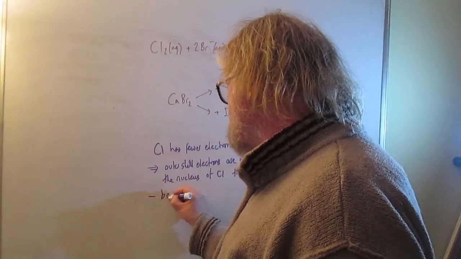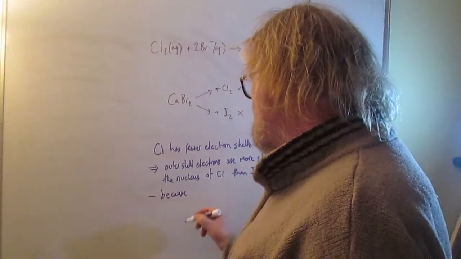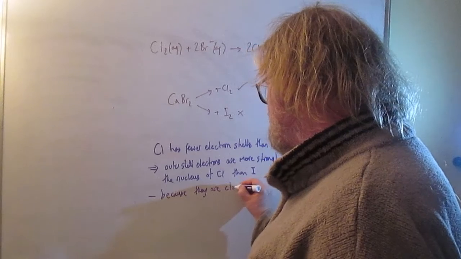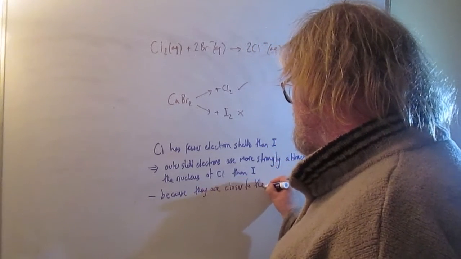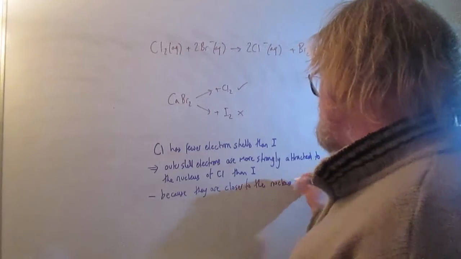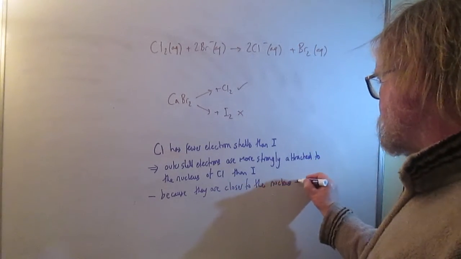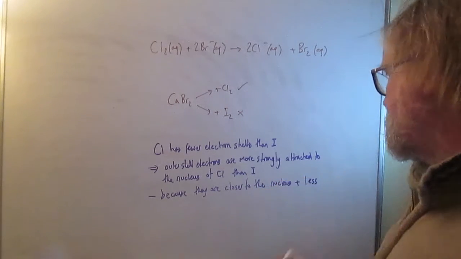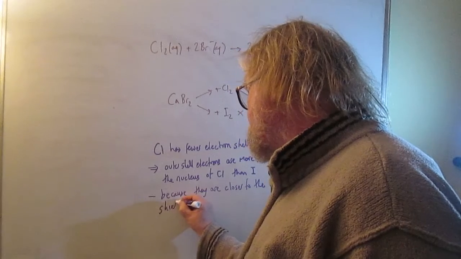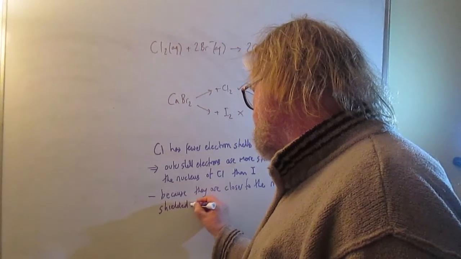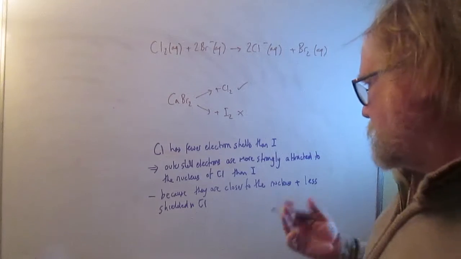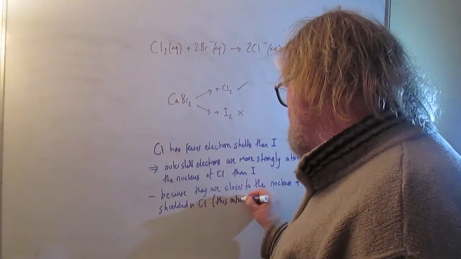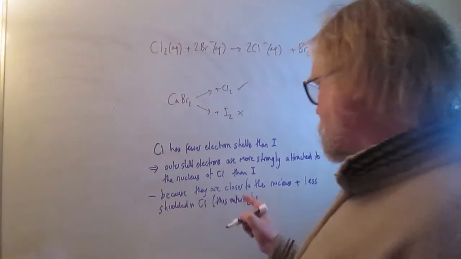So spell out that that's because they are closer to the nucleus and also less shielded. Okay, remember all the factors that you talk about for ionization energies, you talk about here too. So they're closer to the nucleus and less shielded in chlorine. And for completeness, you should also mention that this outweighs chlorine's lower nuclear charge, because that on its own would give you the opposite trend.